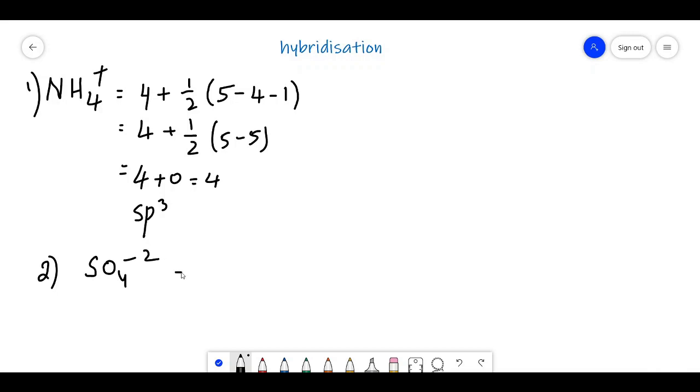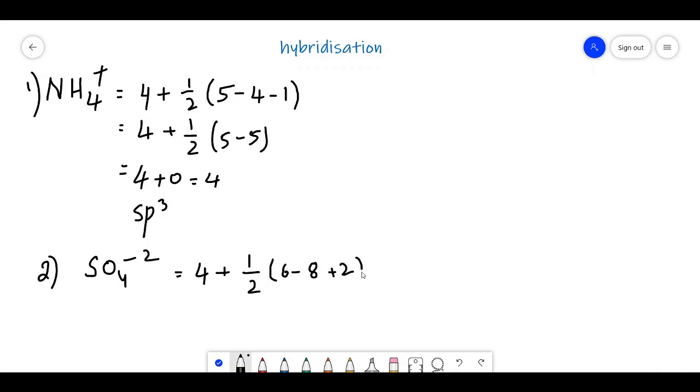I am directly doing this. Here the number of atoms around sulfur, that is oxygen atoms, is 4, plus half into the group number of sulfur, which is the sixth group. So it is 6 minus 4 oxygens, which are divalent, so it is 8, and the minus 2 charge you have to take as plus 2.